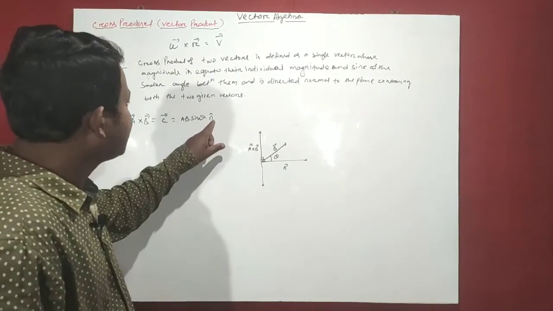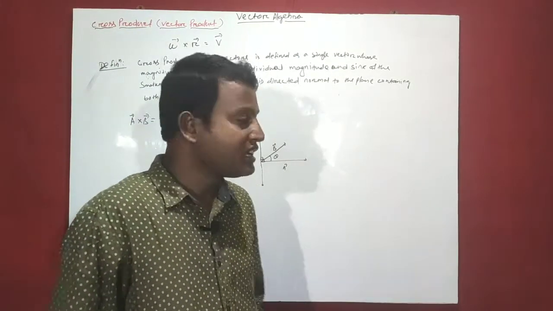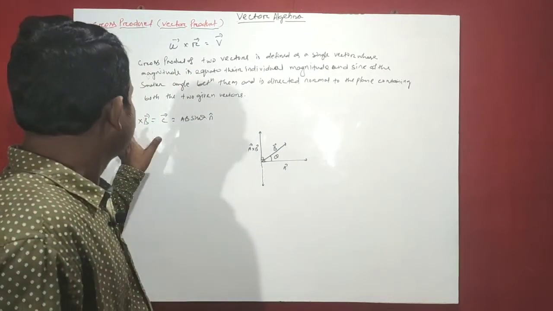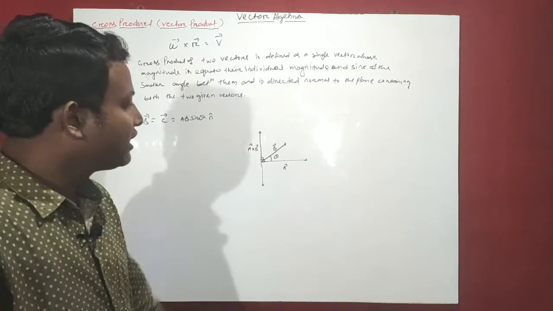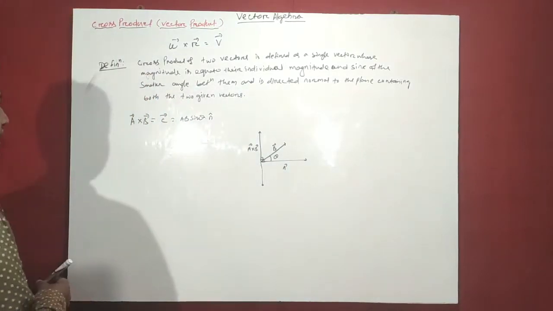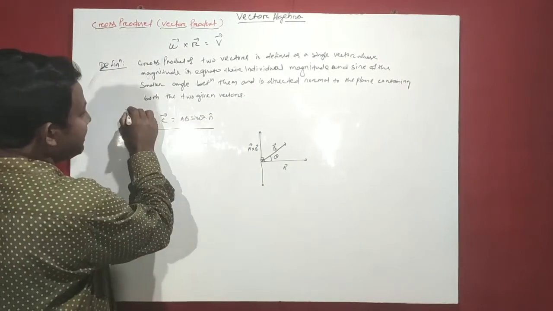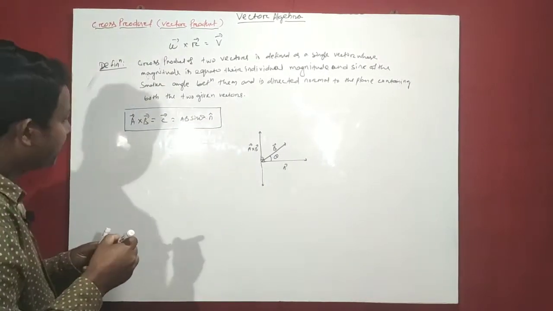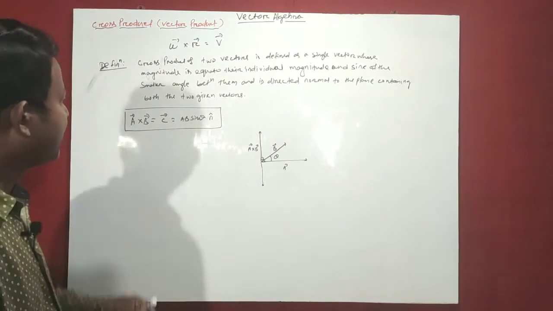That means it gives only the direction to A cross B. We write n because the direction of A cross B is perpendicular to the plane in which A and B lie. So this is our mathematical representation, or geometrical representation, of A cross B.